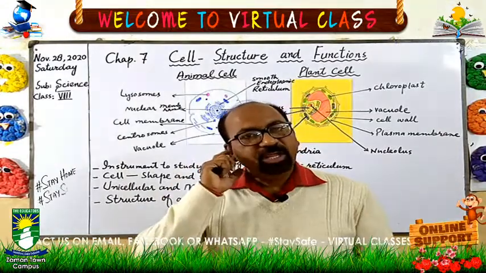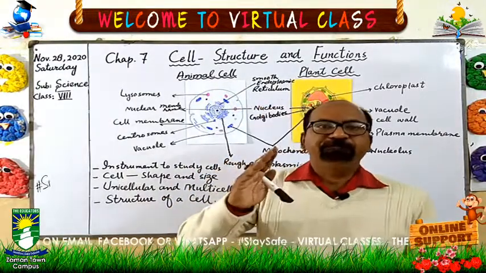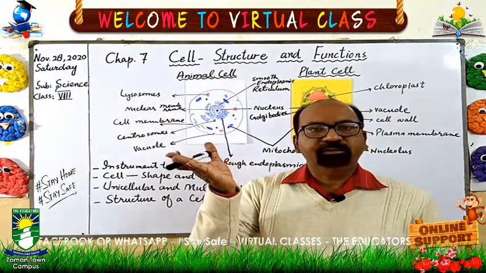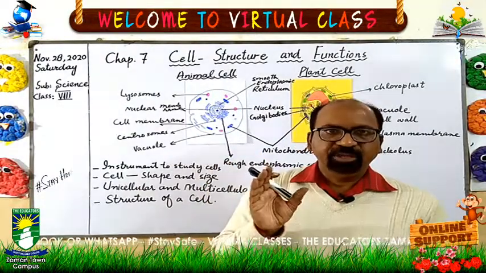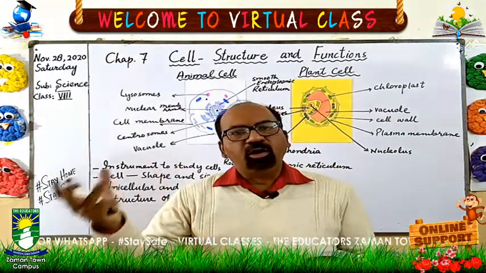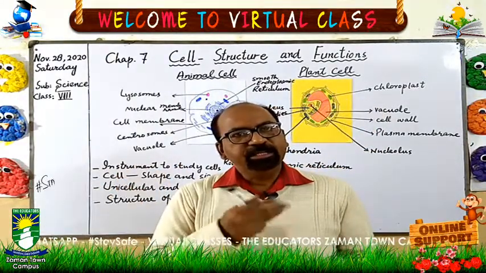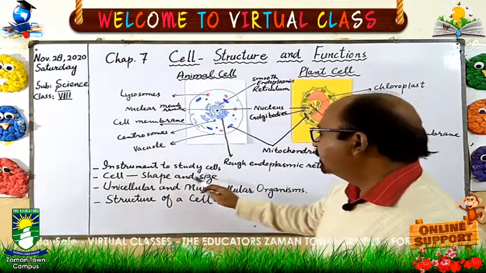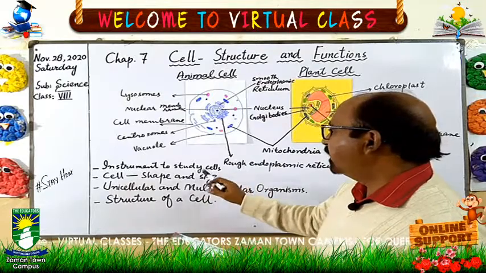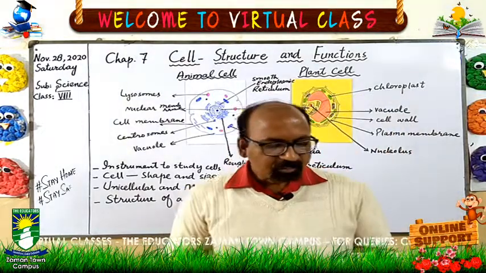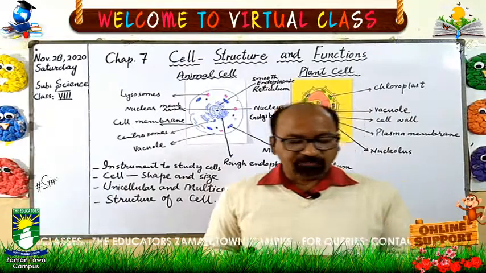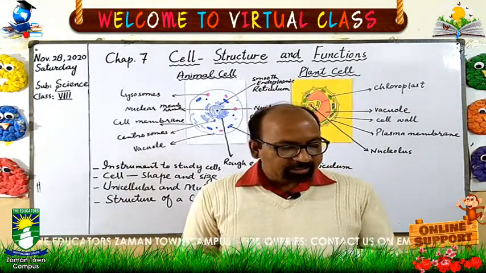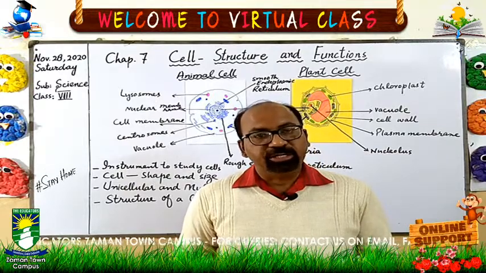It means it can show the object 400 times bigger. This is called magnification, meaning how much bigger the object can be seen. This will be called the magnification of that instrument.